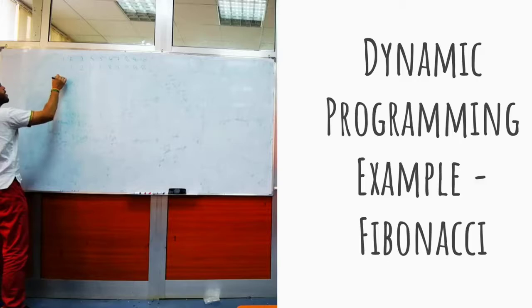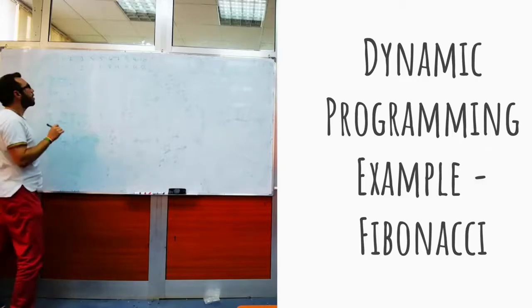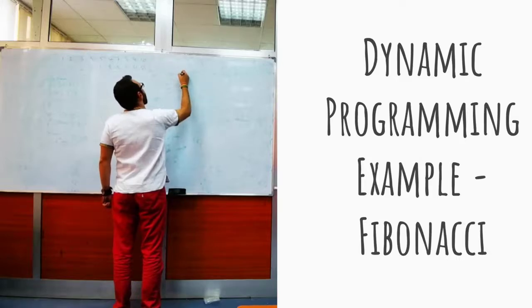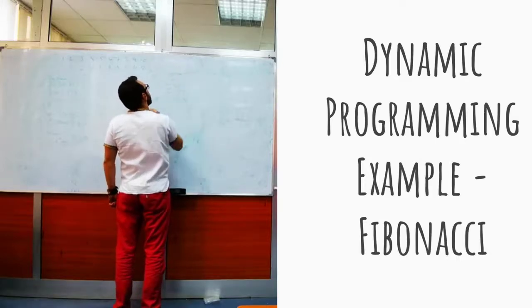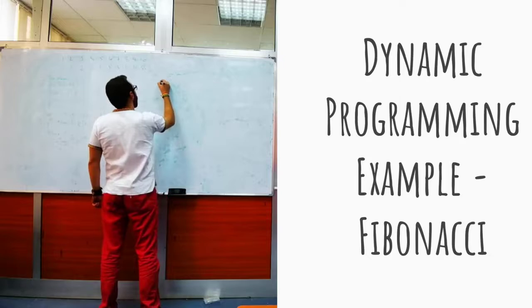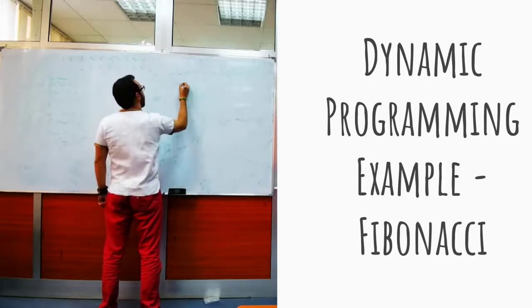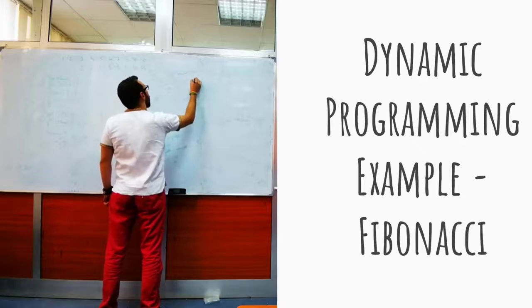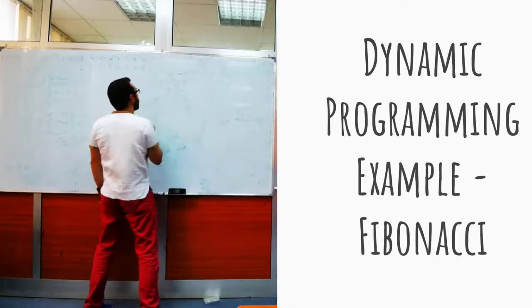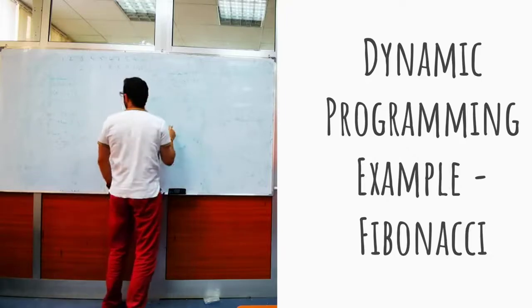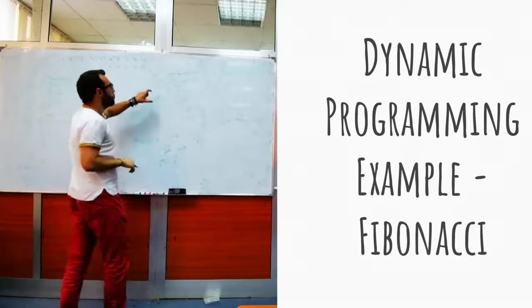So let's say this is top-down. And here we are going to have bottom-up Fibonacci. And again, I assume the result is going to fit into integer. This time, we are going to fill up our fib array within the function.